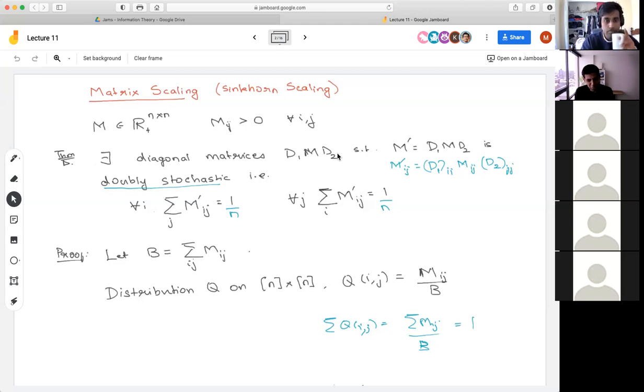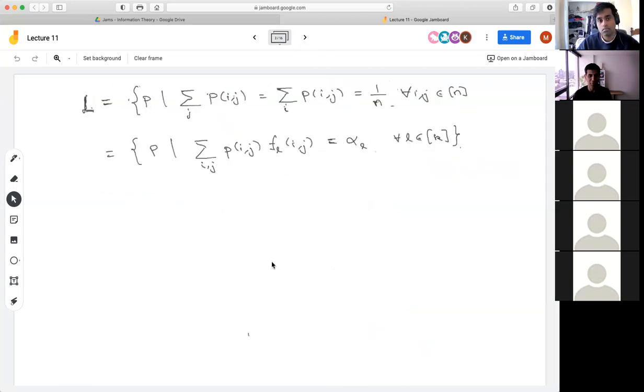And what we would like is to modify it to a different distribution, which is given by this M prime, such that every row in this new distribution adds up to 1 over n, and every column in this new distribution adds up to 1 over n. And that looks a little bit like linear conditions, and in fact, we will phrase it that way.